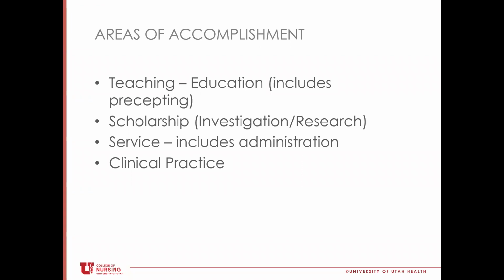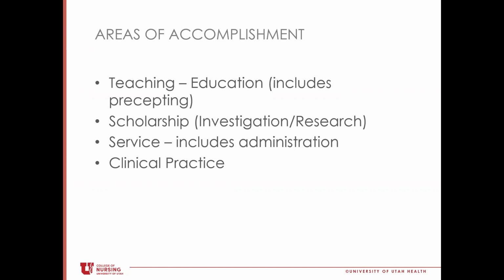It may be just working on curriculum committees in a leadership role. But most everybody that works here is going to have some aspect of their work that is teaching, since that is the main mission of the university overall. But what that looks like varies a lot from department to department.